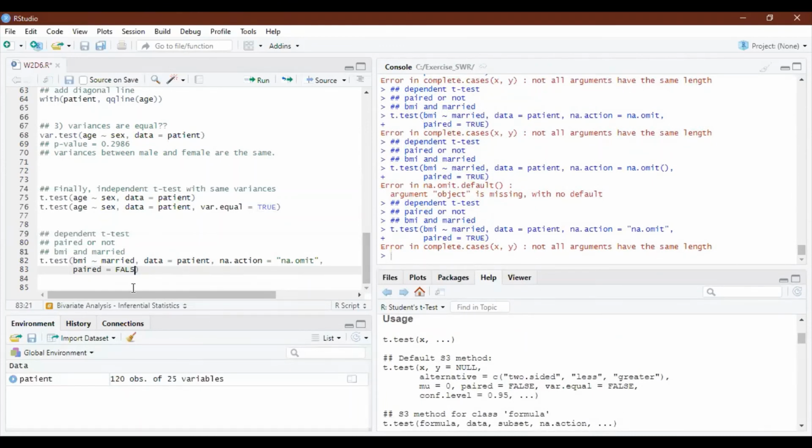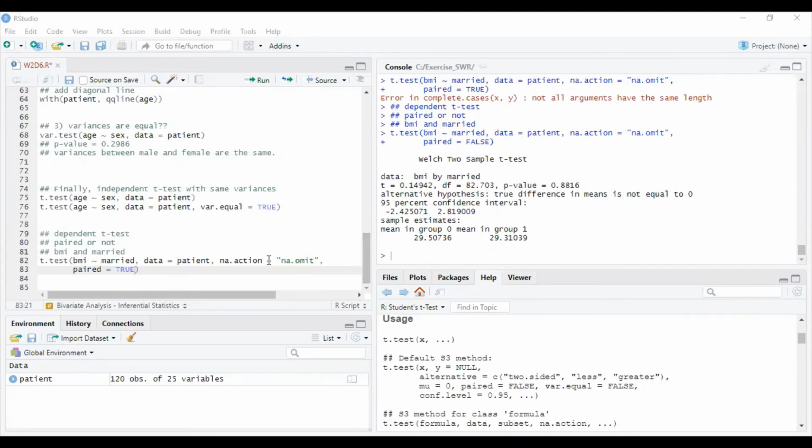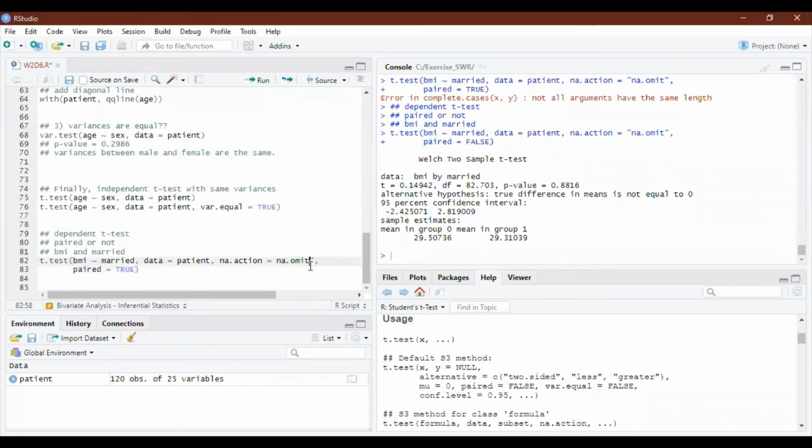Okay. When we remove this one, the paired test, independent test is working well, right? So yes. Okay, put it in a bracket.